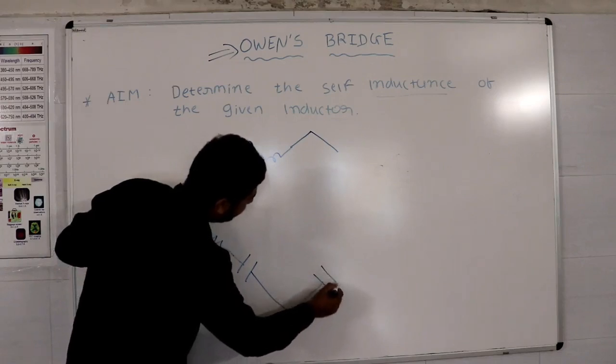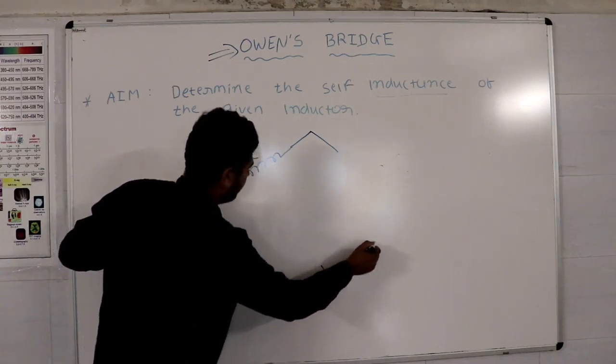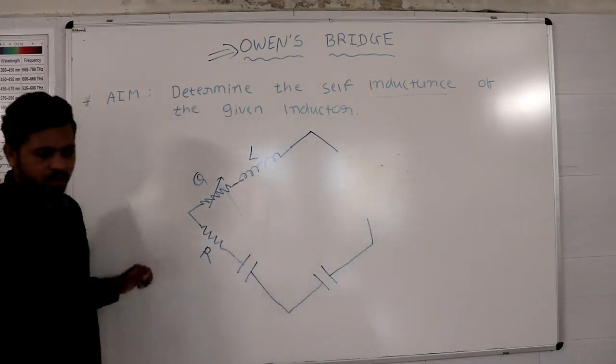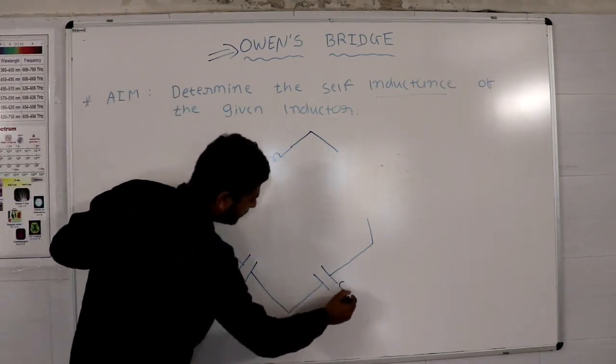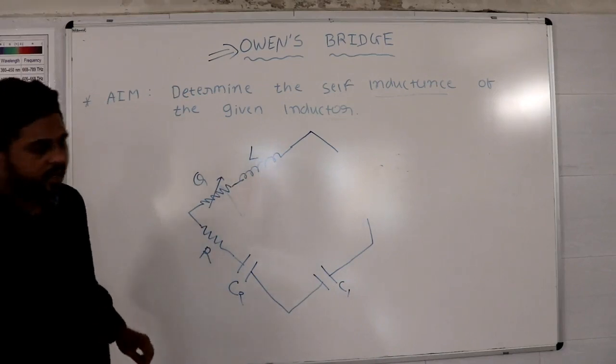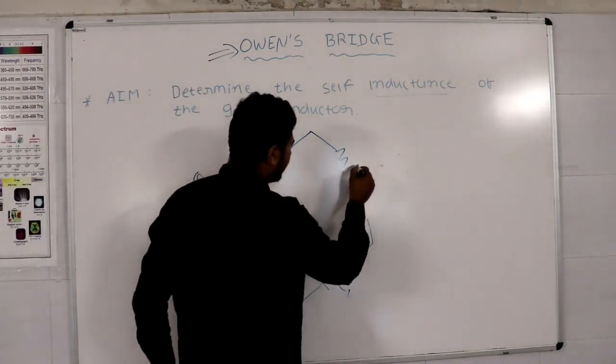Here is another capacitor. Here this capacitor is C2. This one is C1, and then here we have another resistor.